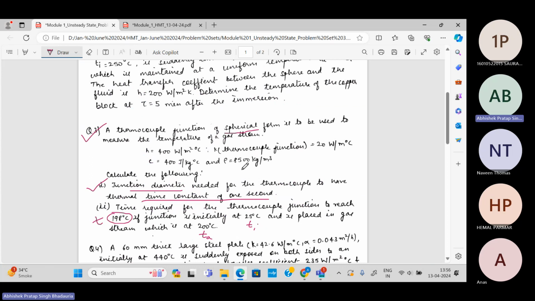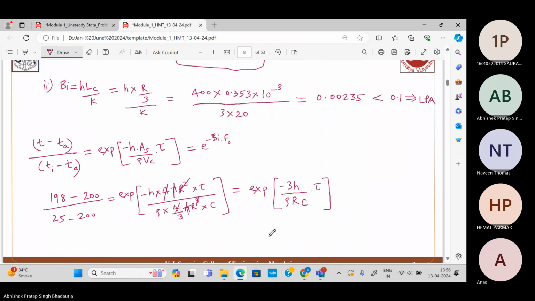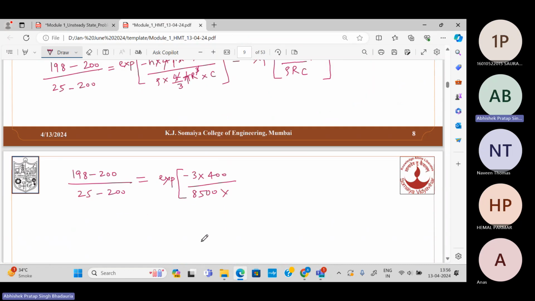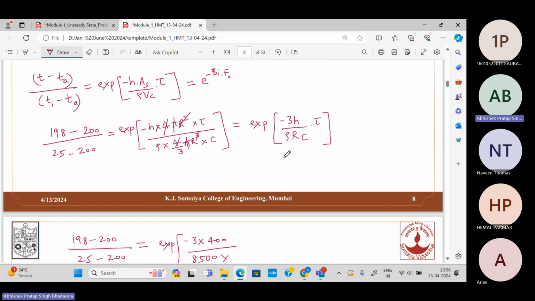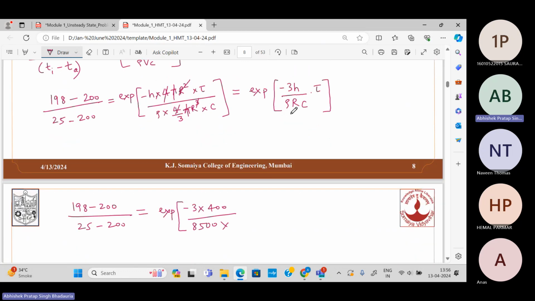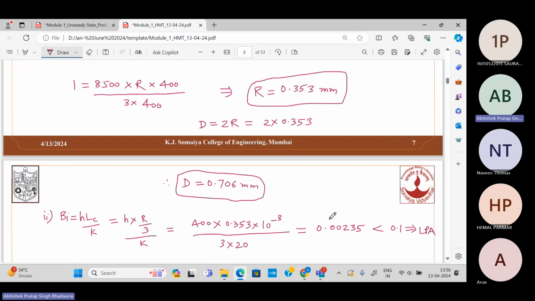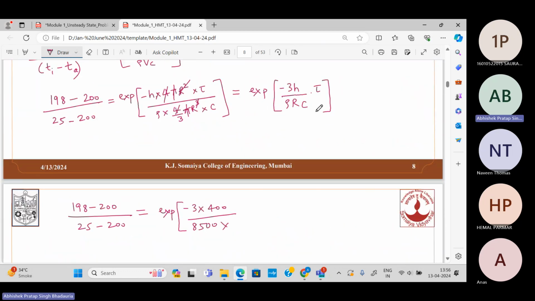Specific heat value is 400. So 3 into 400, that is the value of h, divided by rho, the density value we have already put, and then this r is 0.353 mm.